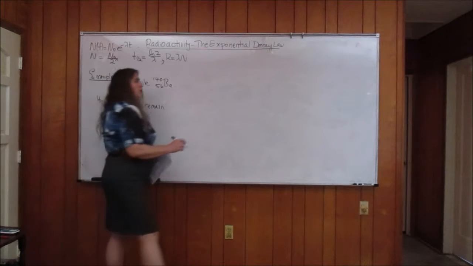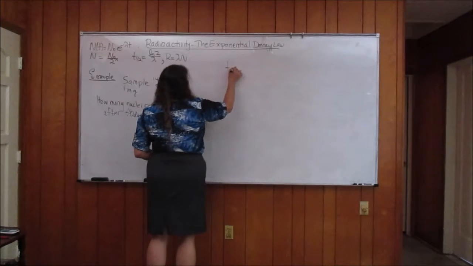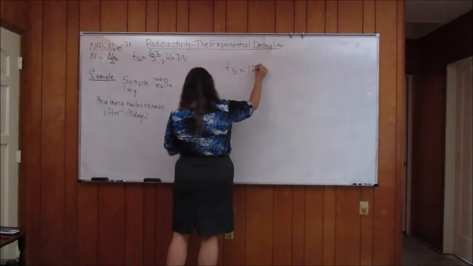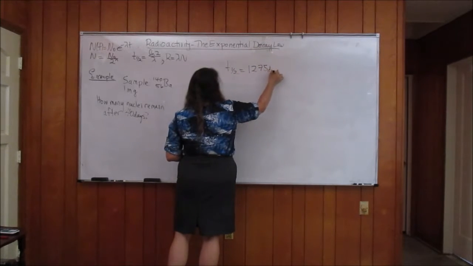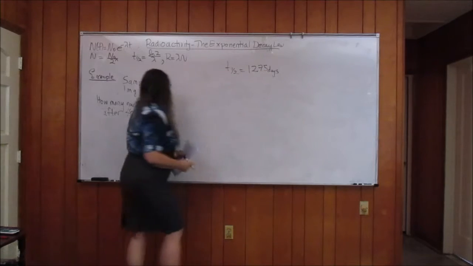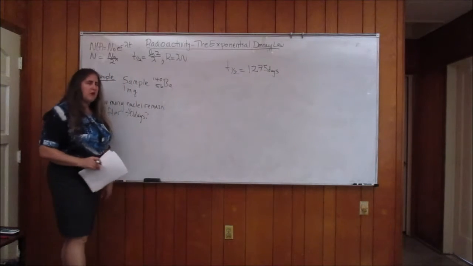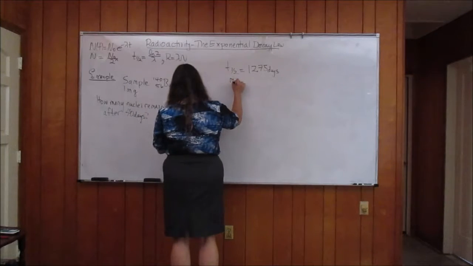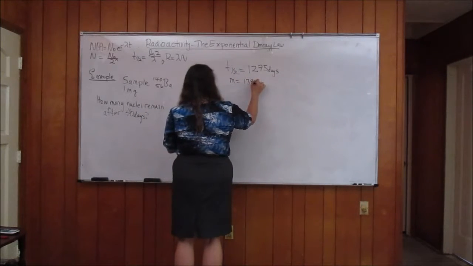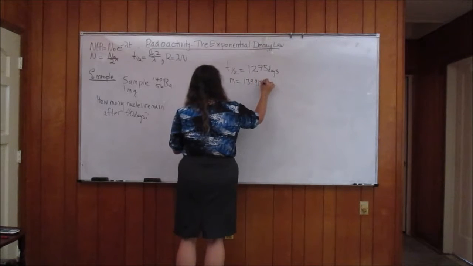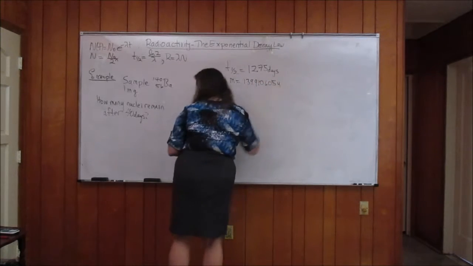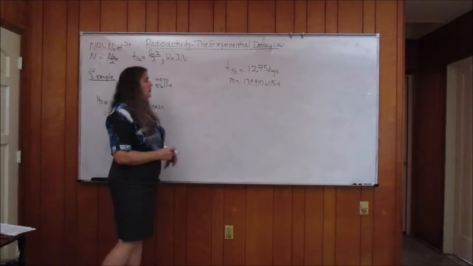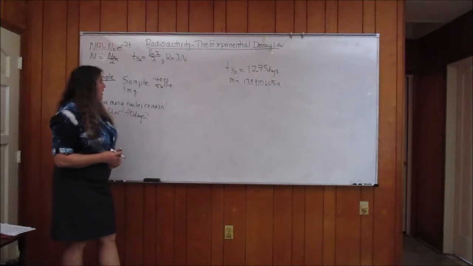So you really can consult a table of nuclear data, and from that you'll see that the half-life of barium 140 is equal to 12.75 days, and moreover, its atomic mass is equal to 139.910605 atomic mass units.